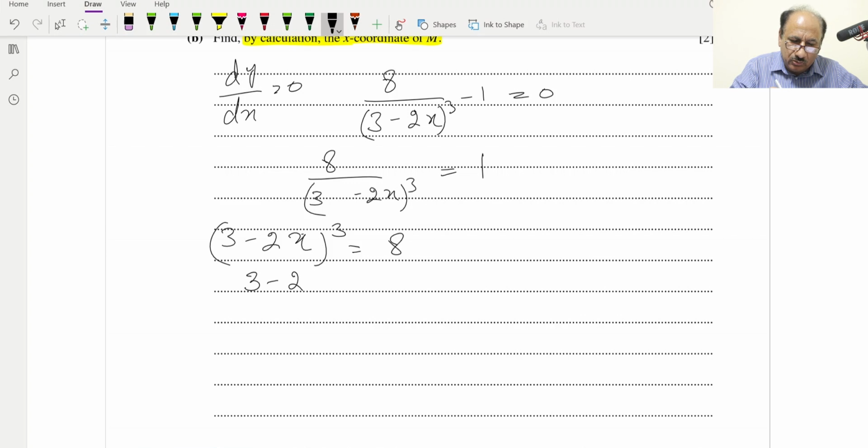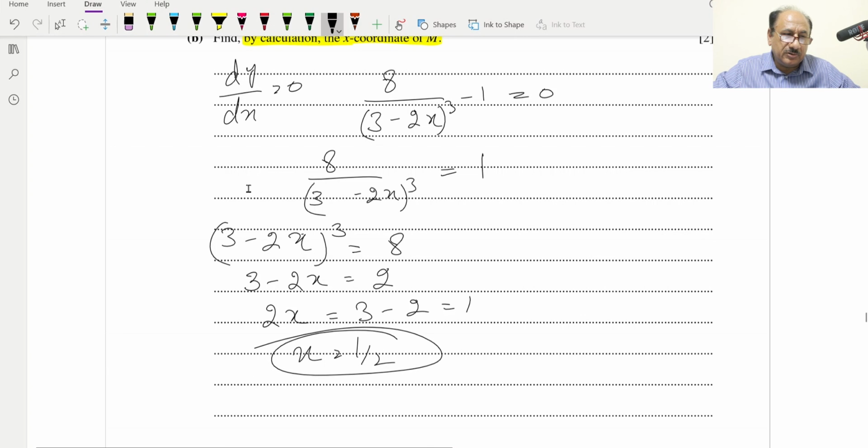So 3 minus 2x is equal to 2. The cube root of 8 will be 2, and 2x we can shift to the other side, so 2x is equal to 3 minus 2, which is equal to 1. So x will be equal to 1 by 2. This will be basically the answer for this part.